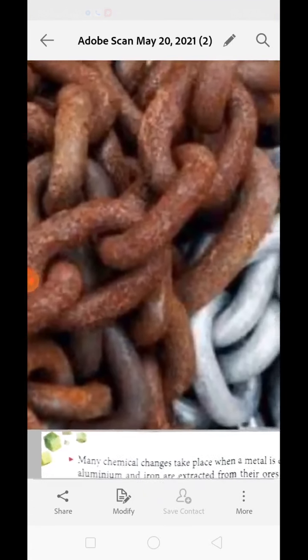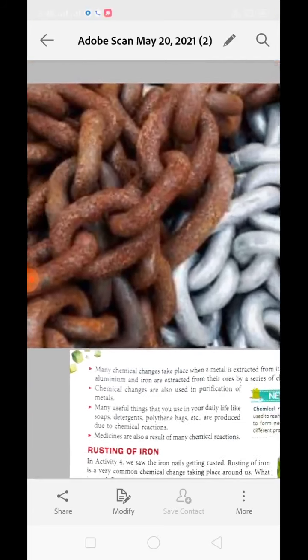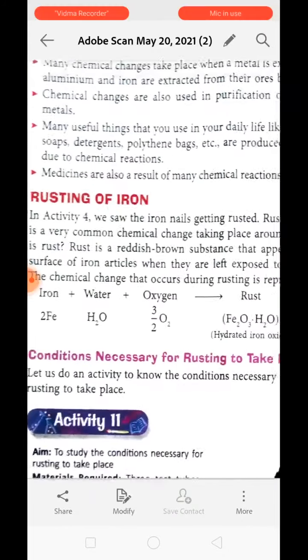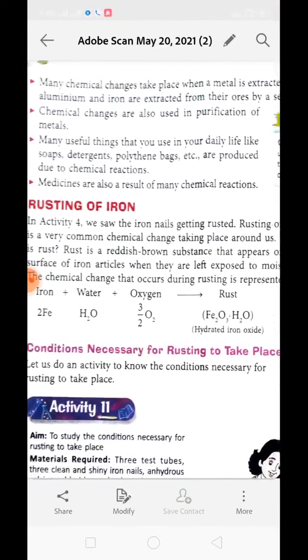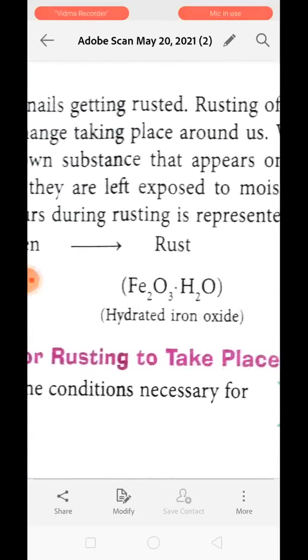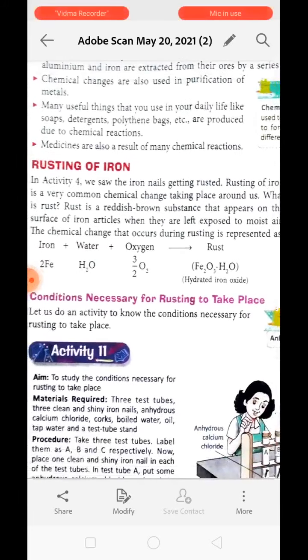This reddish brown substance is actually ferric oxide or iron oxide. The change can be represented by this formula, in which iron reacts with water and oxygen to form rust, that is hydrated iron oxide: 2Fe + H2O + 3/2 O2 = Fe2O3.H2O.